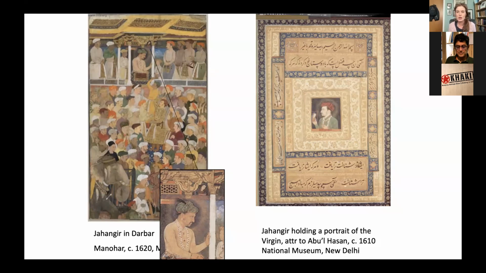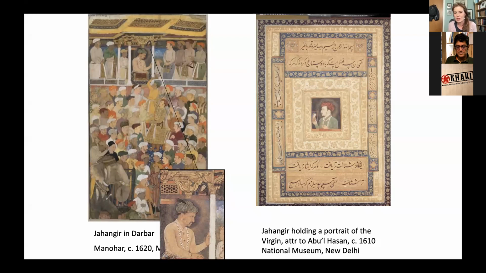And it's also related to the way in which the Mughals, particularly Akbar and Jahangir, articulated an idea of themselves as messianic rulers, as renewers of this millennial age. And so obviously that connection between the Virgin and the emperor as an almost Jesus-like, messianic-like figure is also part of what's going on here.